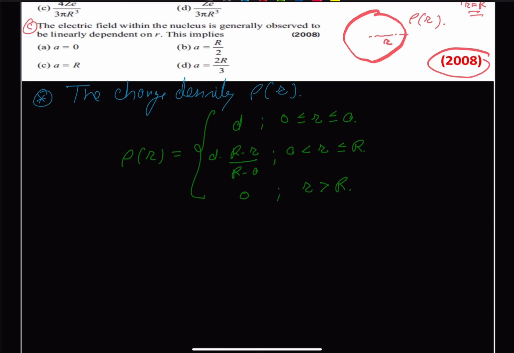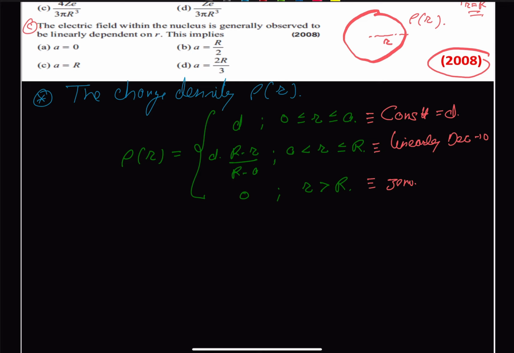Which basically means that for this part the charge density is constant, with value given as D, and this is linearly decreasing towards 0, and it means that finally it will have a 0 value.